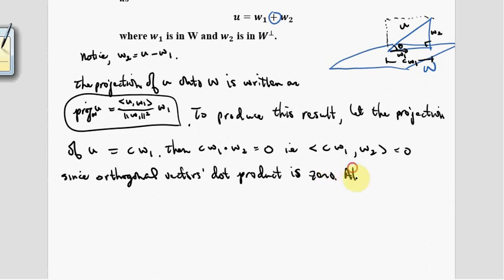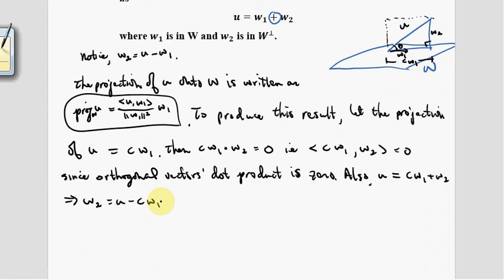Now also, we have U here, which is set equal to W sub 1 plus W sub 2, and I'm saying that this W sub 1 is actually C times W sub 1 plus W sub 2. This implies then that W sub 2 is equal to U minus C times W sub 1.